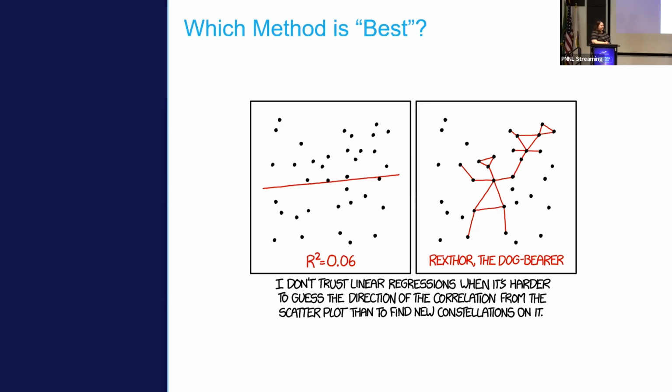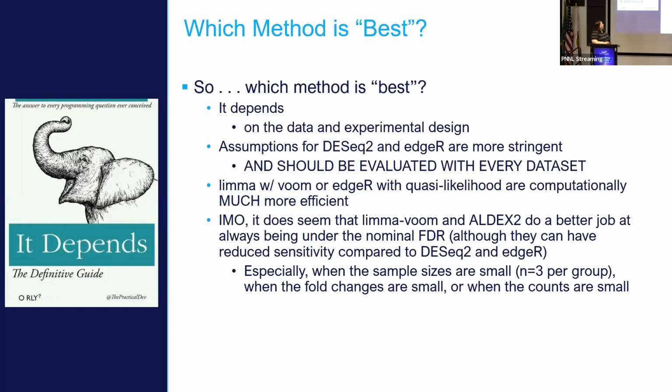What it really is a matter of knowing the assumptions of the model and when it's most appropriate to use it. So the statistician's favorite answer, you're going to ask me which method is best. And every statistician's favorite answer is it depends. And that holds here. But what it mainly depends on is your experimental design and your data.